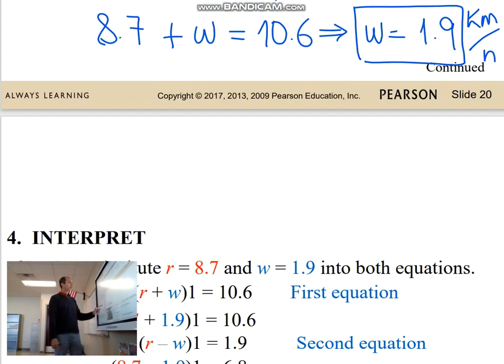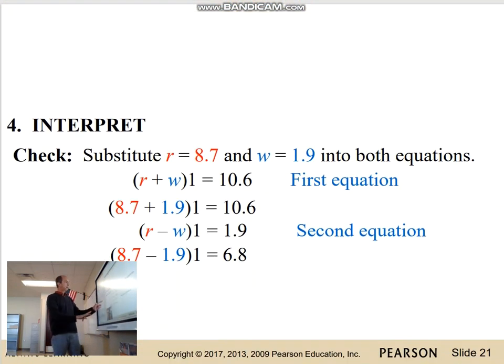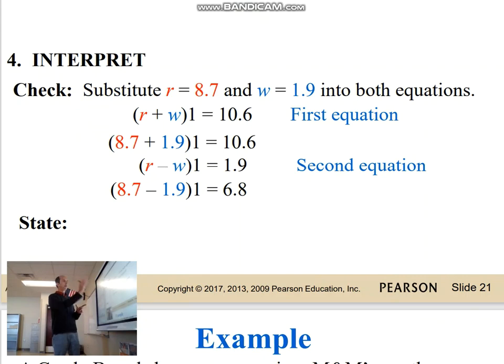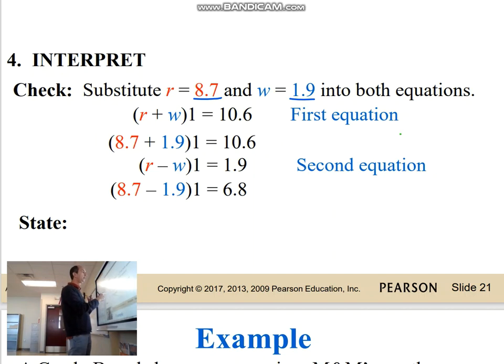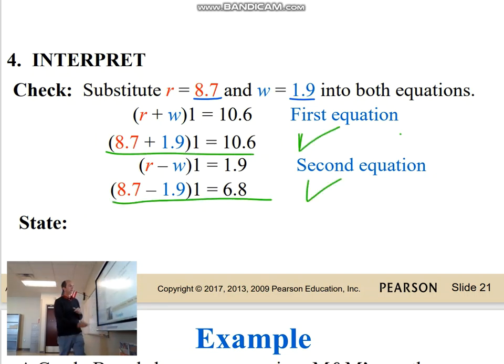State your conclusions. After you interpret, you check, see if R equals 8.7 and W equals 1.9 produce true statements if you plug them into the original system of equations. So yes, true statement, yes, another true statement.